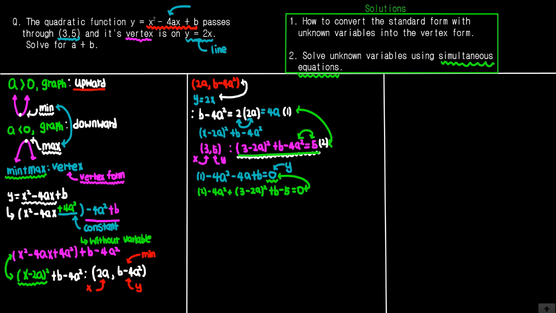So we can use our elimination equation by setting negative 4a squared minus 4a plus b, which is our first term, equal to the second term, which is negative 4a squared plus 3 minus 2a squared plus b minus 5. The reason we could make this kind of equation is because the two sides are equal.